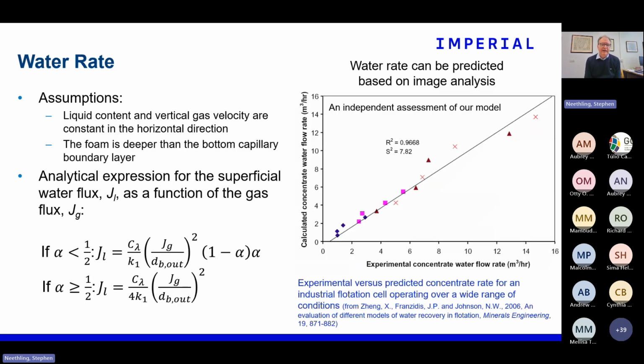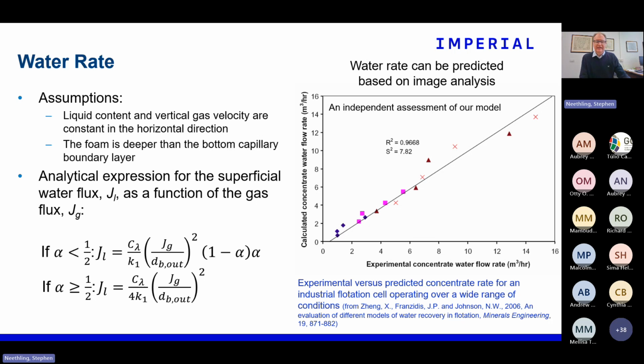So for instance, here, I'm going to show you the relationship for the water rate. So this is an expression for the water rate. And we've made a few assumptions. We're assuming that the upward gas velocity is roughly constant, moving upwards below the level of the lip, and that we're deeper than the capillary boundary layer at the bottom of the froth.